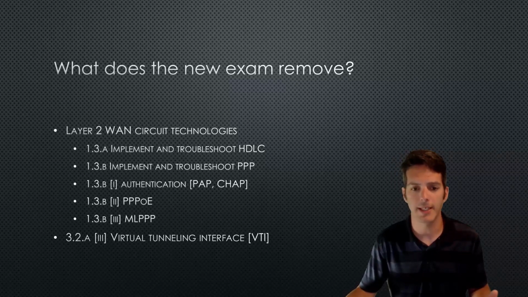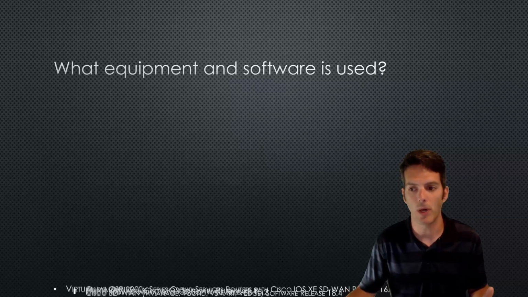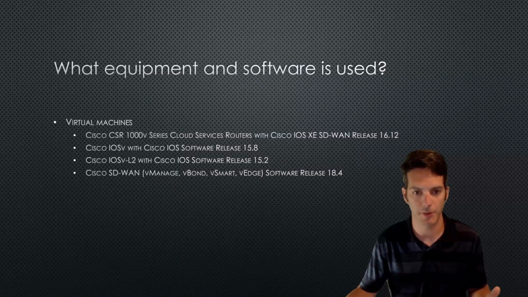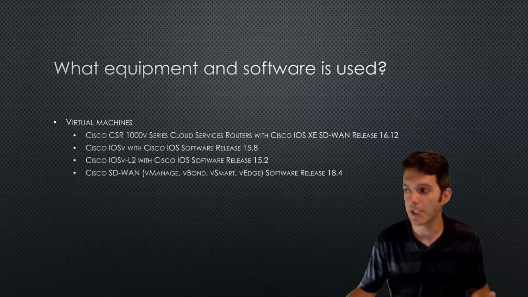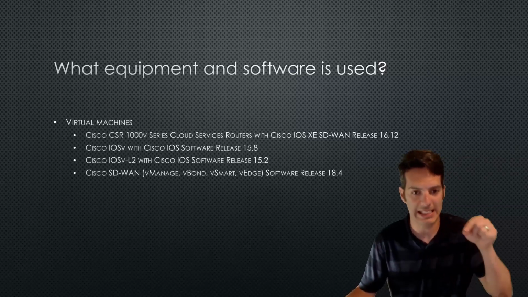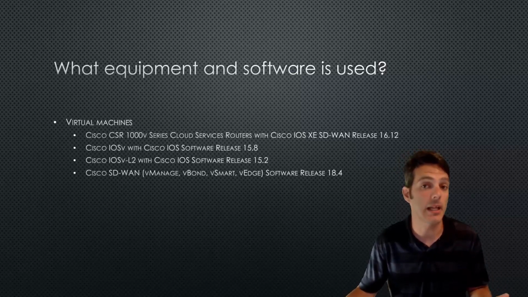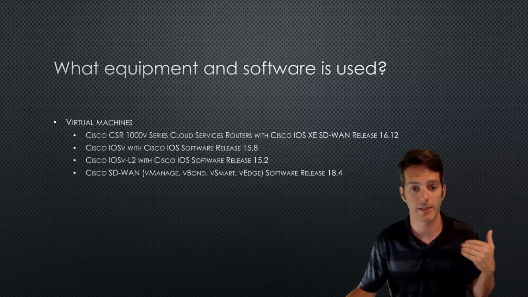So one of the big things that a lot of people are curious about is what equipment and software is used. So virtual machines, they're going to be using pretty much everything virtual related. So if you have access to virtual images, you'd be in really good shape. 16.12 isn't even released at the time of this recording. You can't even get access to it. You can get 16.11 and download that, and it'll work in EVE.